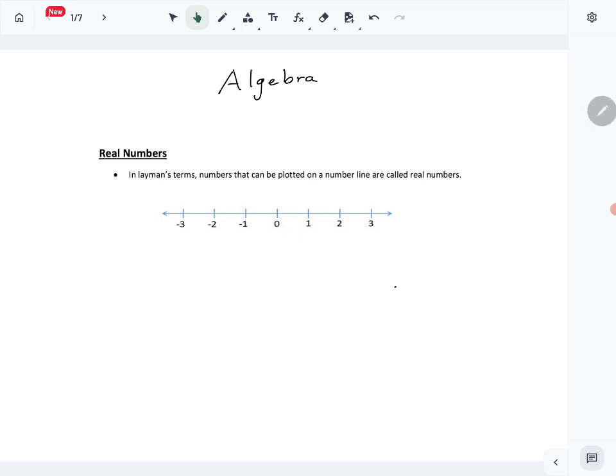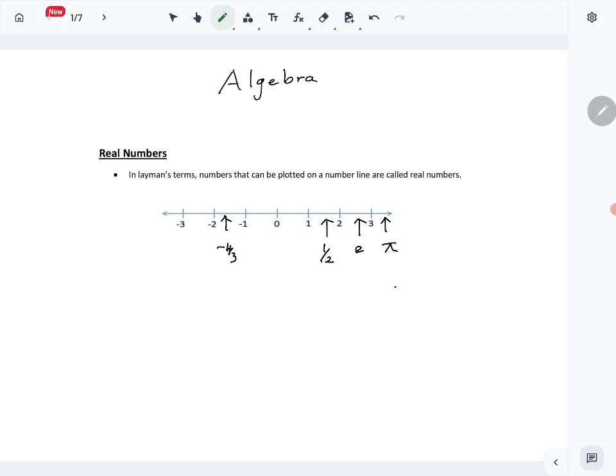Right. So first let's look at what is a real number. In simplest terms, numbers that you can plot on a number line are called real numbers. So any number you can plot on a number line is a real number. So it can be negative numbers, it can be zero, it can be positive numbers, it can be any fraction, any negative fraction, or it can be irrational numbers like e or like pi.